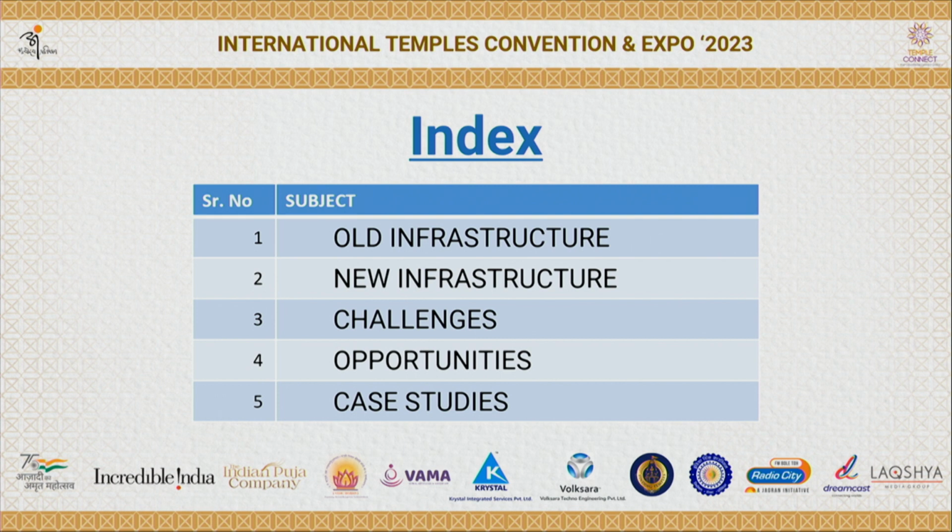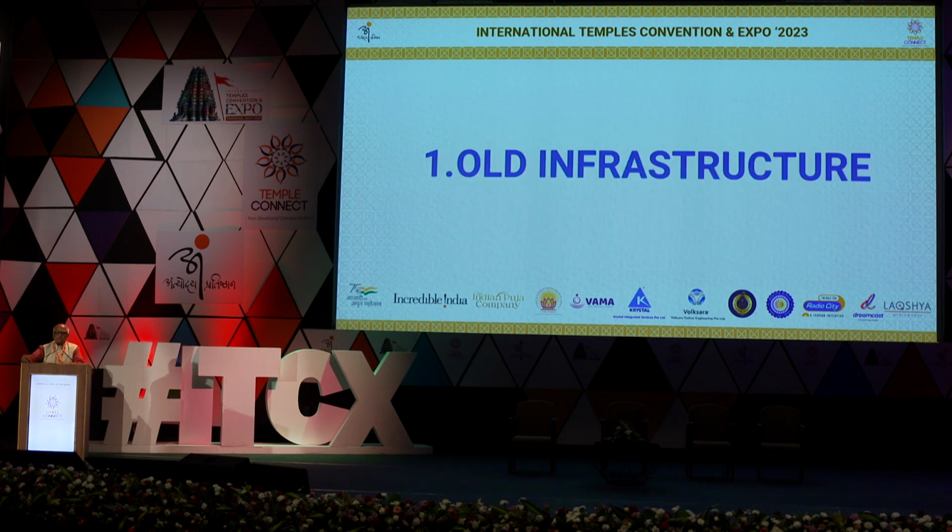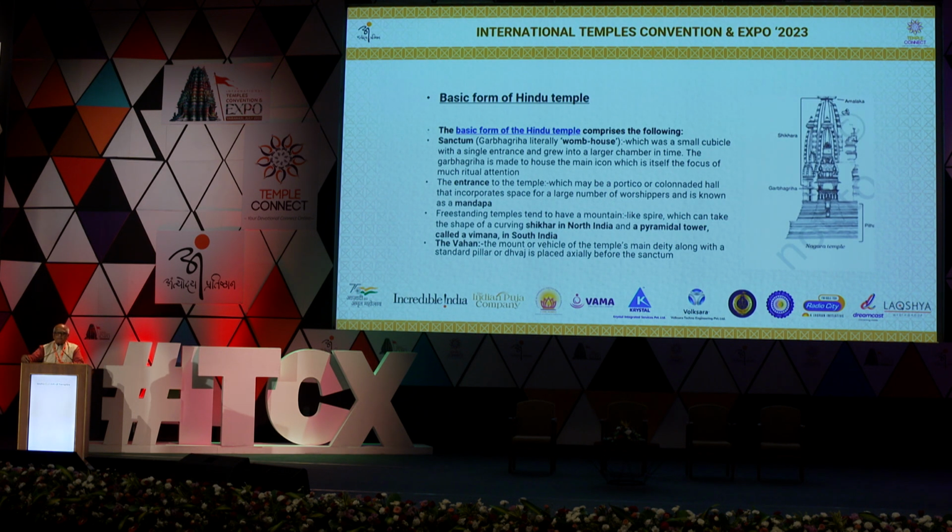This lecture will be divided into 5 parts. Due to time problem, I will keep it short as far as possible. In old infrastructure, the basic Hindu temples consist of many things such as mandapam, garbhagriha, and shikhara.